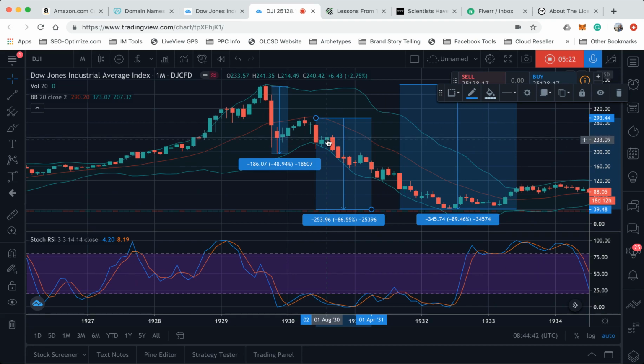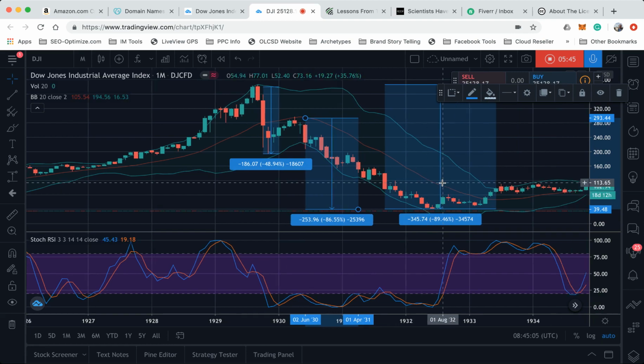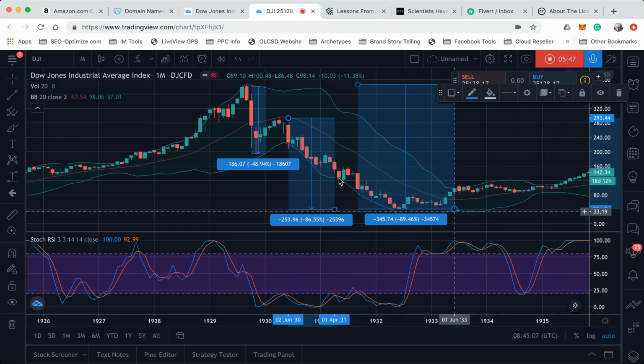That makes you think the market's going to keep going up, especially with this touch in the lower area of the Bollinger Bands, that cloudy area. It looks okay. It bounced off. It's going to go up, but not really. It decided not to, and it just plummeted down, down, down. I think it fooled everybody back then, and people lost a lot of money.